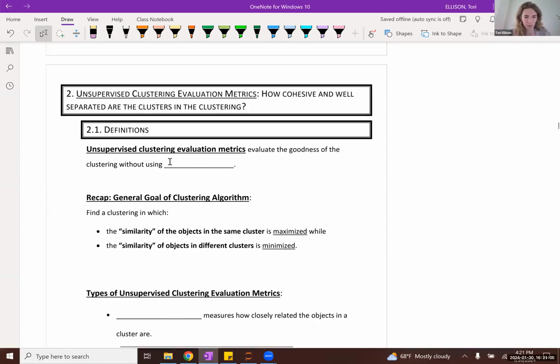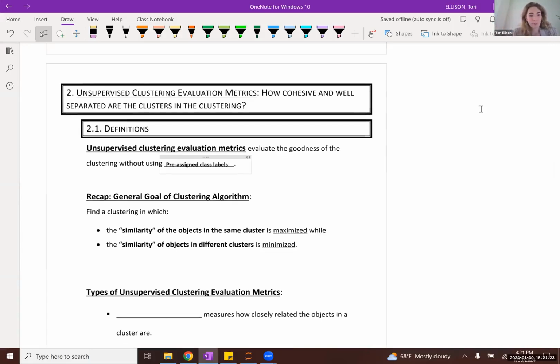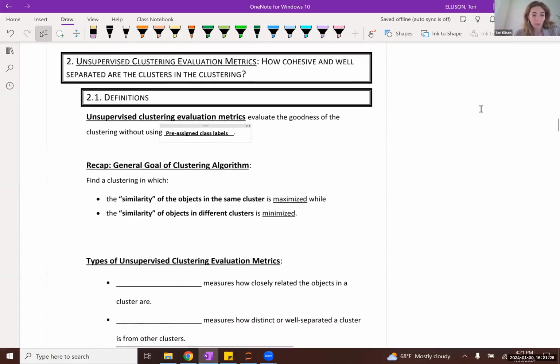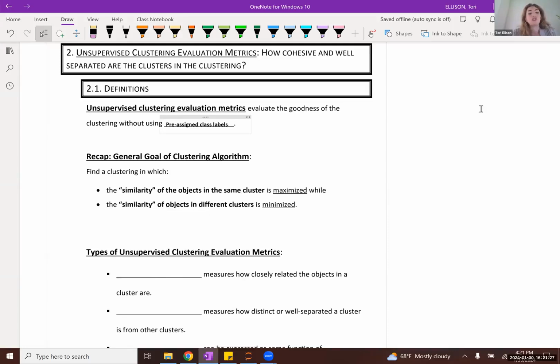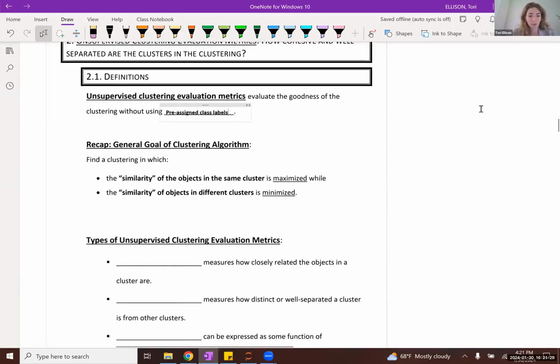So we say that unsupervised clustering evaluation metrics evaluate the goodness of the clustering without using any pre-assigned class labels. So when evaluating how well a given clustering algorithm did, it's fruitful to think about, well, what is our overall general goal of a clustering algorithm?